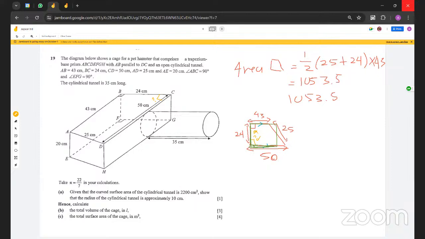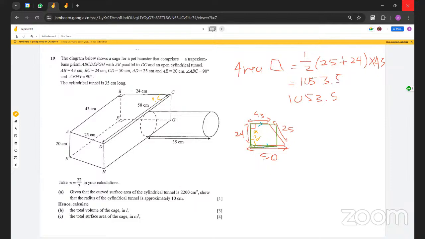Does your calculation reflect that? Look at your calculation. The half 25 plus 24. The half represents the average, right? Who are you supposed to average here? The mid is the average of 43 and 50, which you did not average.